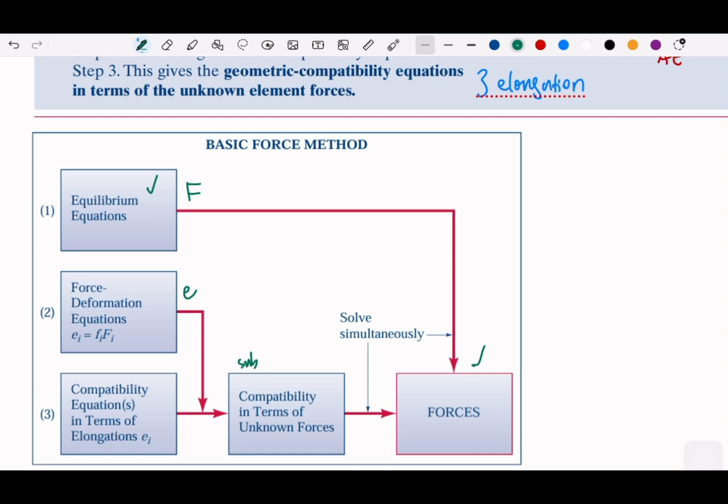So basically we substituted for forces, and then solve through the compatibility equations, and then simultaneously we solve all the equilibriums, okay? And then we get all the results.